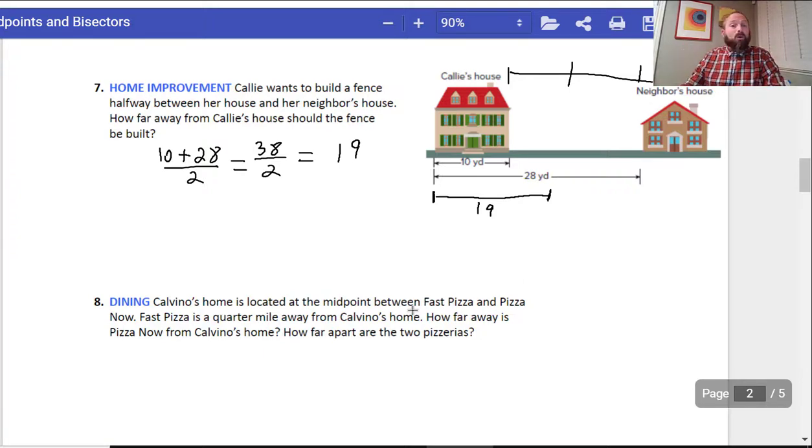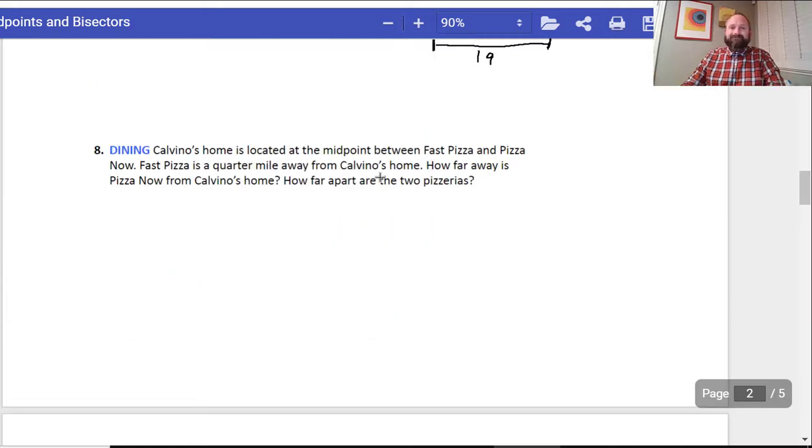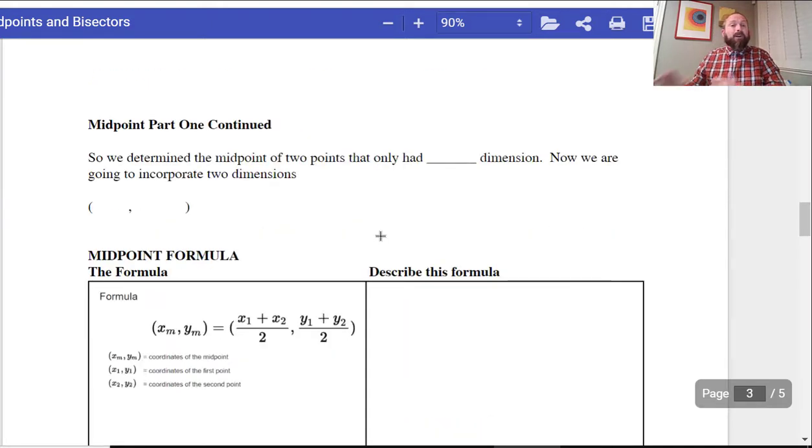All right, guys, we're going to go into our 2 variable midpoints. All right, midpoint part 1 continued. So we had determined the midpoint of 2 points that only had 1 dimension. Now we are going to incorporate 2 dimensions, and they are the x and the y.